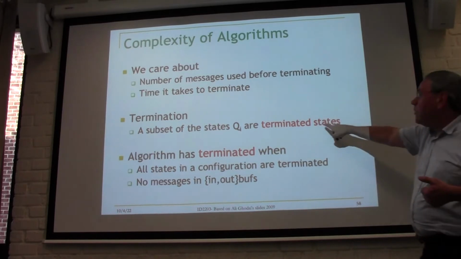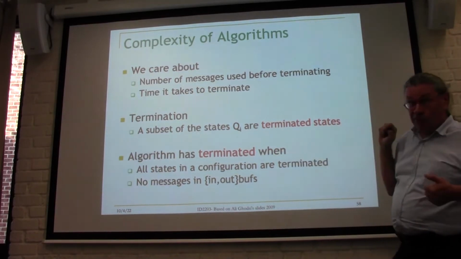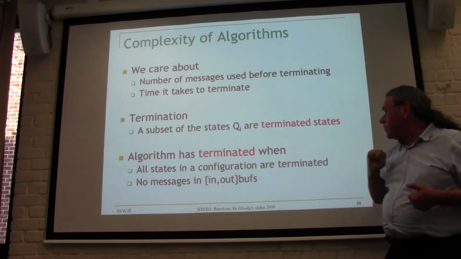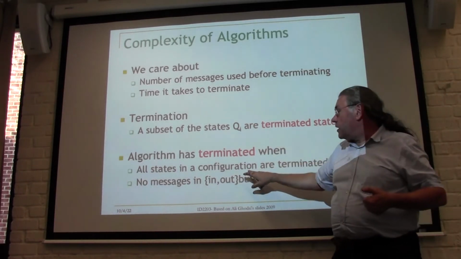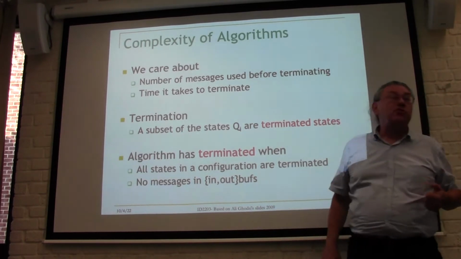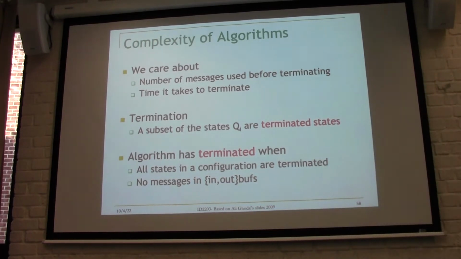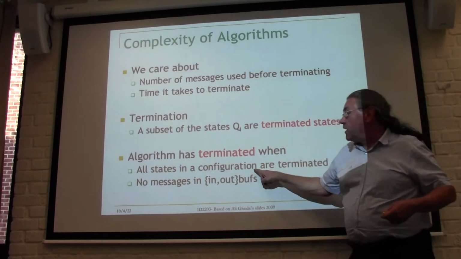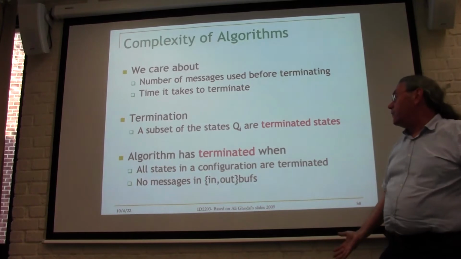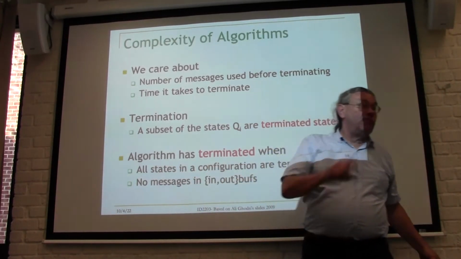And an algorithm terminates when all states in a configuration are terminated and there's no more messages in the in-out buffers. So you understand what that means. The configuration is the state of the whole distributed system. A state is a state of one node.